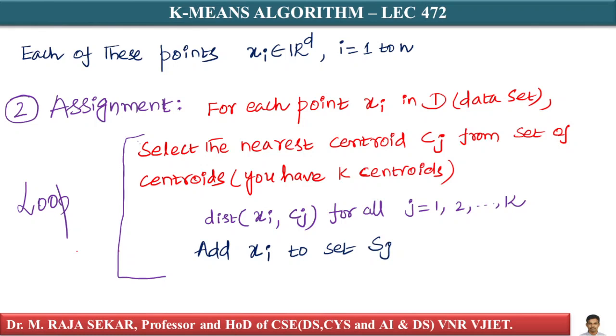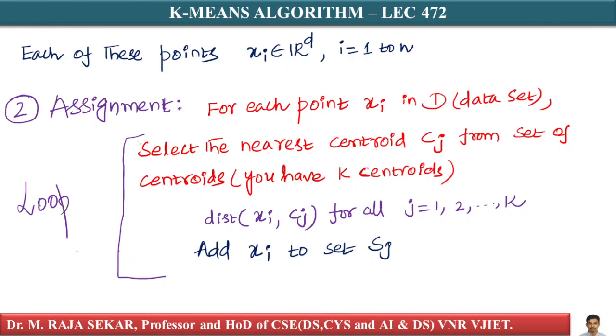This is a loop. For each point xi, I must repeat for x1, x2, and so on, xn, and I have to determine the distance between xi and Cj. For each point xi, you will find the nearest centroid, because you already have centroids here. In the initialization stage, you pick some random points as centroids.